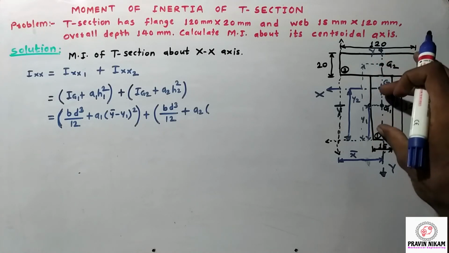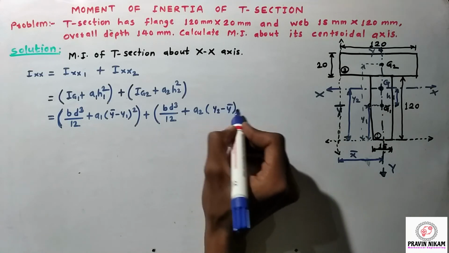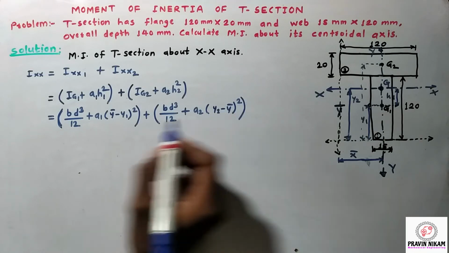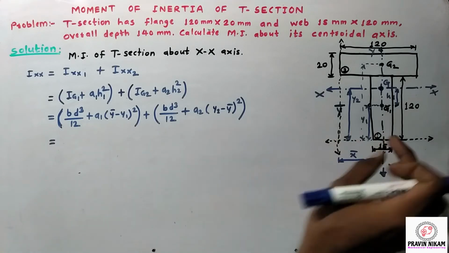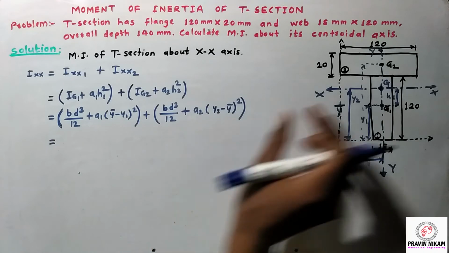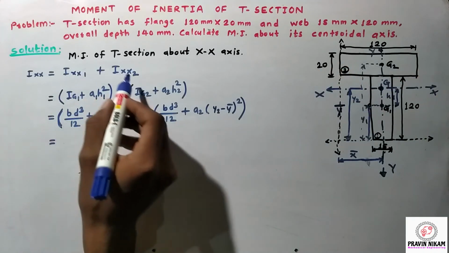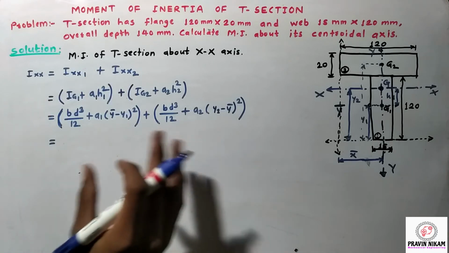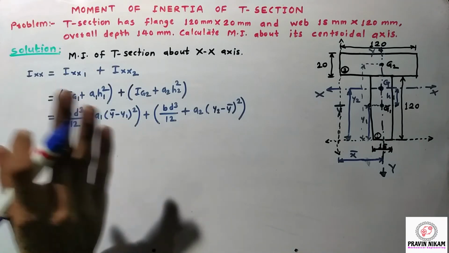So Y2 minus Y bar, bracket square. So this bracket is for section 1, this bracket is for section 2. You can find out separately Ixx1, Ixx2 and then add both the values, you will get Ixx.